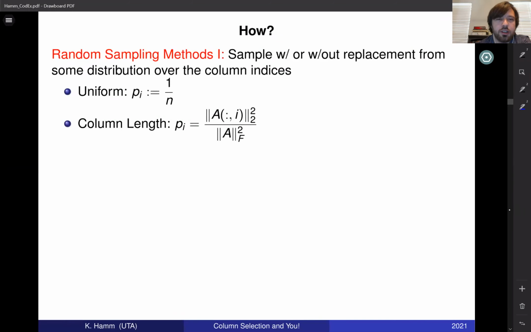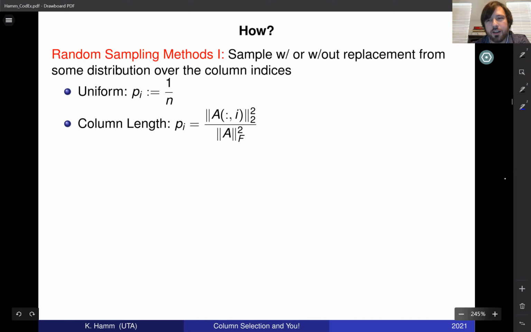The second one is according to column length. The Frobenius norm in the denominator is just a normalization to make it a probability measure. But essentially, you choose column i with probability proportional to the Euclidean length of the column, so you prioritize large columns and deprioritize small magnitude columns.